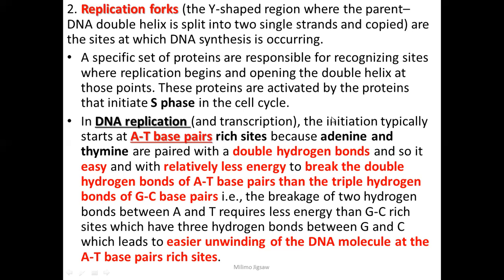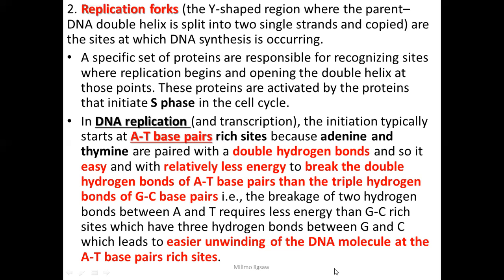The initiation typically begins at sites which are rich in adenine and thymine base pairs. Remember, adenine and thymine, as I explained earlier, are paired with a double hydrogen bond, and guanine and cytosine are paired with a triple hydrogen bond.